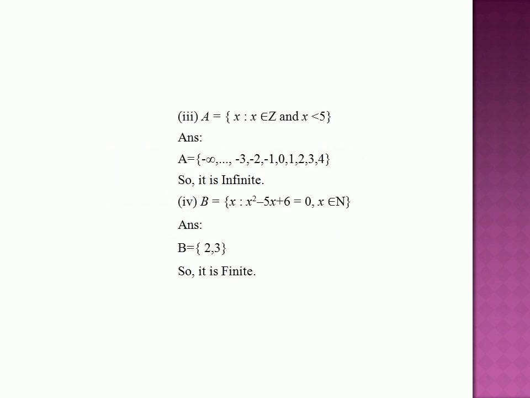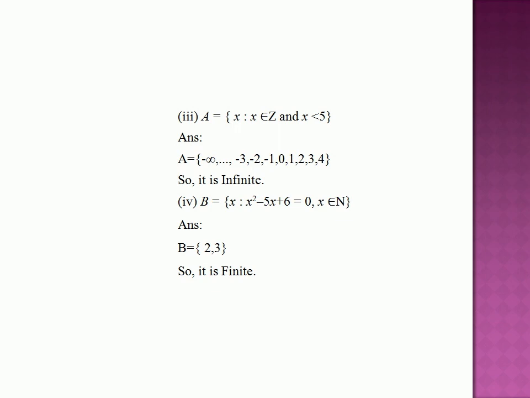Third subdivision, A equal to x such that x belongs to Z and x is less than 5. Here Z is the set of integers. So the elements x belong to the set of all integers and x is less than 5. So A is equal to minus infinity to 0, 1, 2, 3, 4. Here the elements start from minus infinity, so it is infinite.